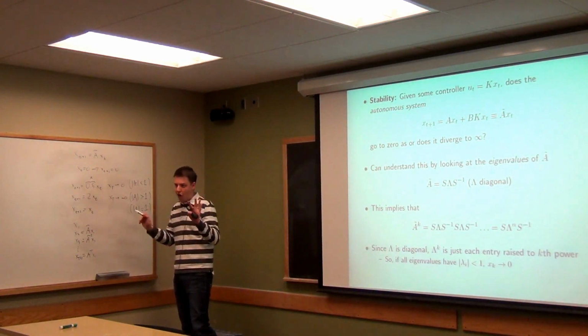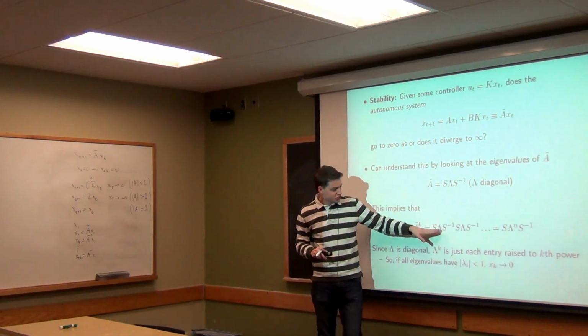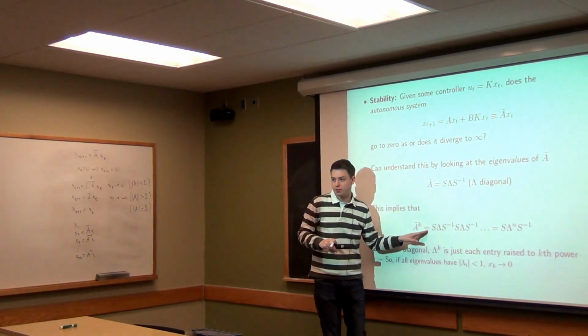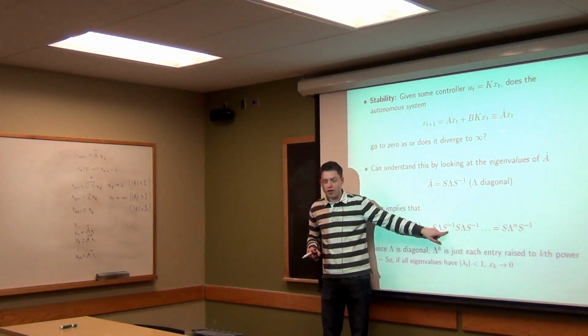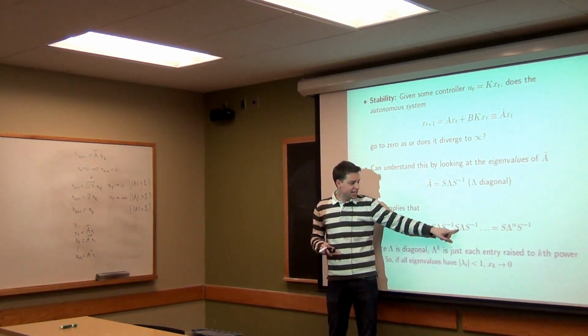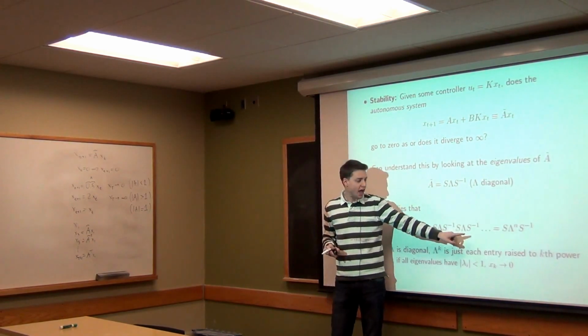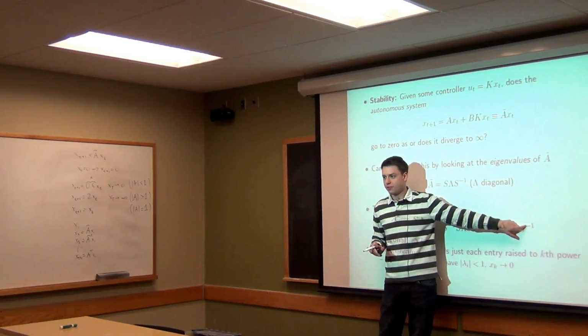So again, just very briefly, what you do is you take A to the k. That's just these eigenvalues times each other many times. The cool thing about the eigenvalue decomposition is that these things cancel, right? You have an S in the beginning and an S inverse on the end, and so these S times S inverses cancel. And you wind up with S times lambda to the n times S inverse.